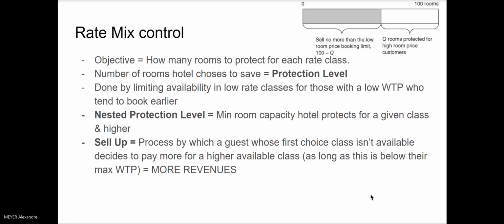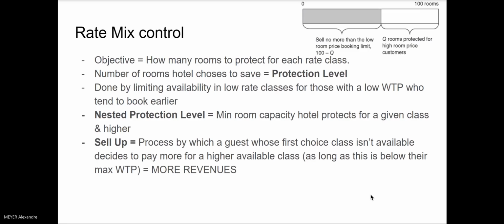However, assume that the hotel has sold all the rate classes at $150, and the next available rate class is $175. Well, as long as it's below the guest's willingness to pay, you can make a sale. And that is beneficial for you because you actually end up gaining more revenue, right? As opposed to paying $150, the guest pays $175.